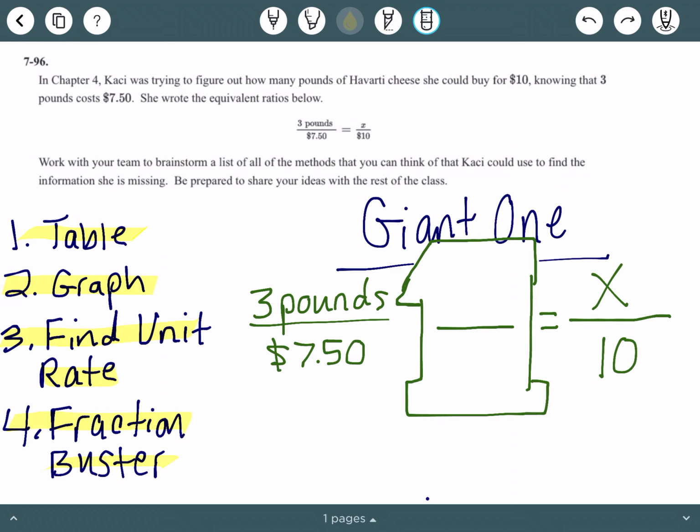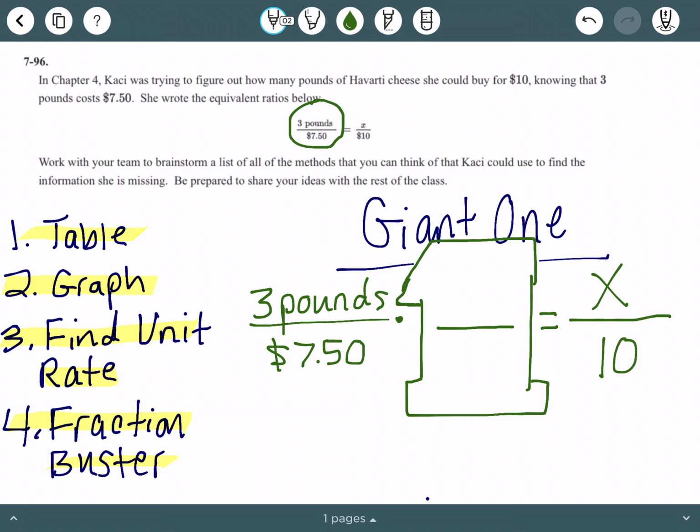So, of course, that giant 1 method is where we have our left side of the equation, my 3 pounds for $7.50, and I have to figure out what I can multiply it by to get my x over 10.